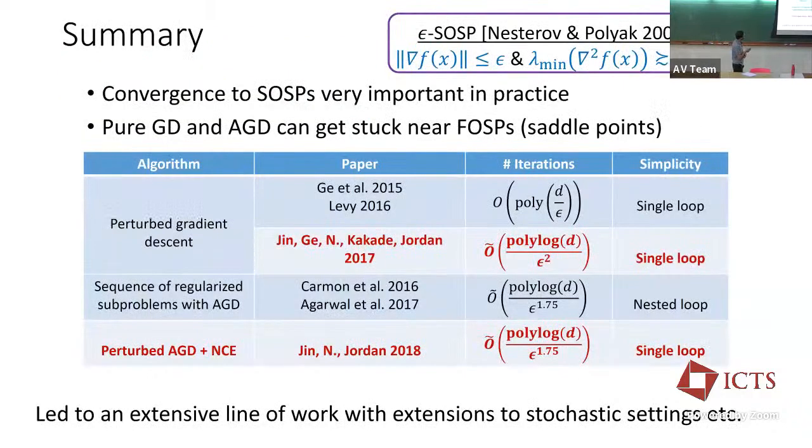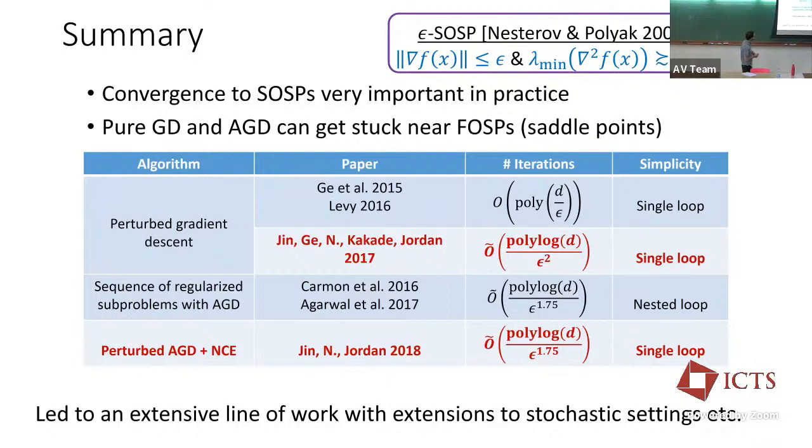Let me quickly summarize the results, and then we'll go into more detail about how we show them. The summary is that convergence to second order stationary points is important in several applications in practice, and pure gradient descent and accelerated gradient descent can indeed get stuck near first order stationary points because there is no gradient information to move around. But if you add a little bit of perturbation, perturbed gradient descent can find second order stationary points in polylog d over epsilon squared iterations, where epsilon quantifies first order stationarity.